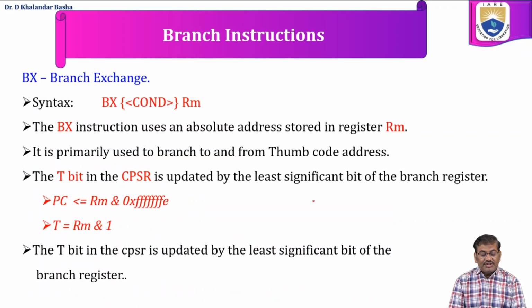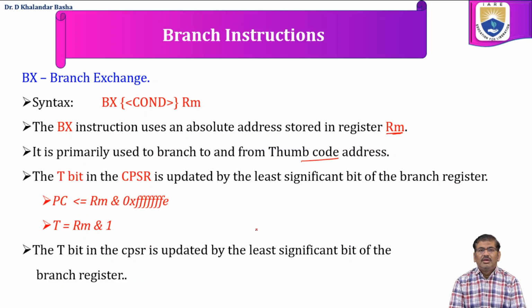Next we have the branch exchange instruction, that is BX. The syntax of this instruction is BX{optional condition} Rm. The branch exchange instruction uses an absolute address stored in the register Rm. It is primarily used to branch to and from Thumb code.